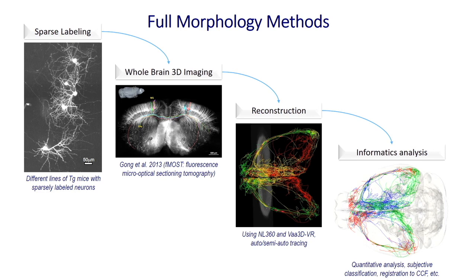Briefly, the FMOST technique is like using a two-photon microscope to scan a high-resolution image about 1 micrometer thick. Then cut the layer off, then continue to scan. In this way, they can get the whole brain image stack, with a data size of about 10 TBs.